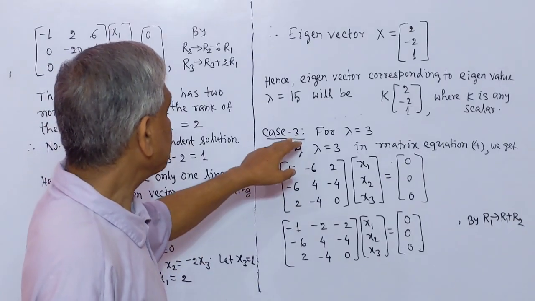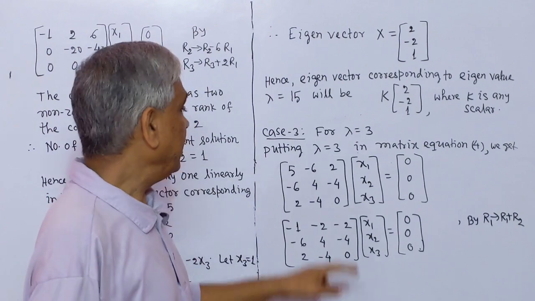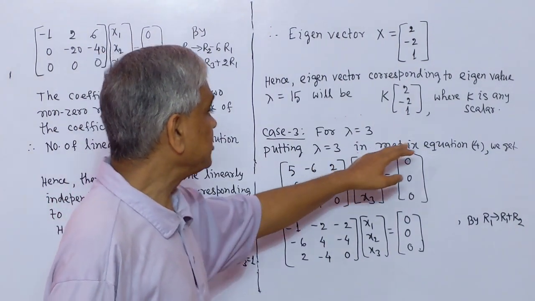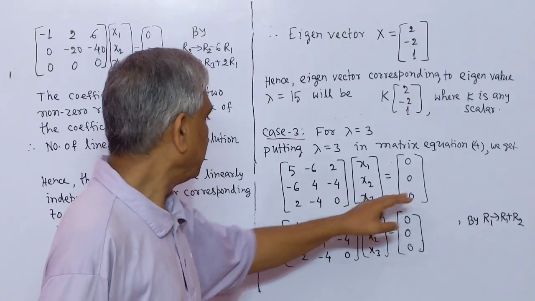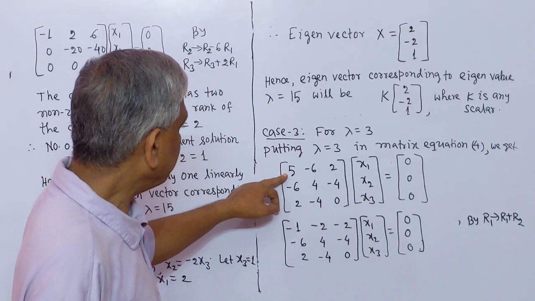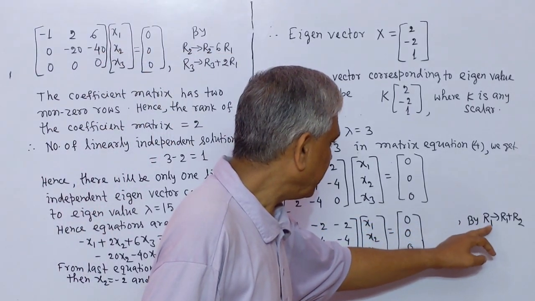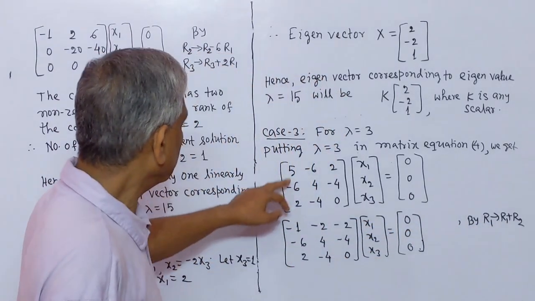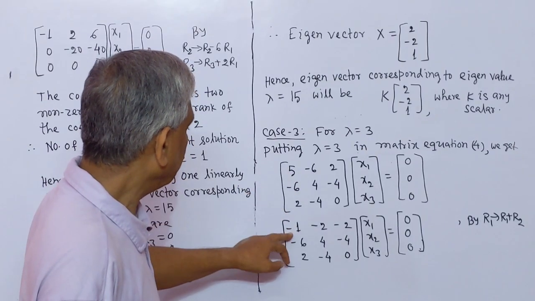Now we deal case 3 for lambda equal to 3. Putting lambda equal to 3 in matrix equation 4, we get this equation. Here we want to make 1 or minus 1. So we take in place of R1, R1 plus R2, 5 plus minus 6, minus 1.